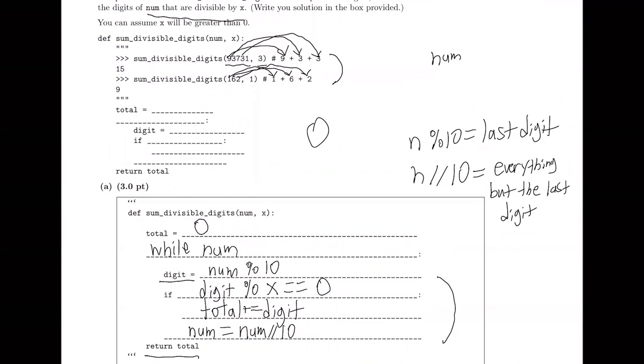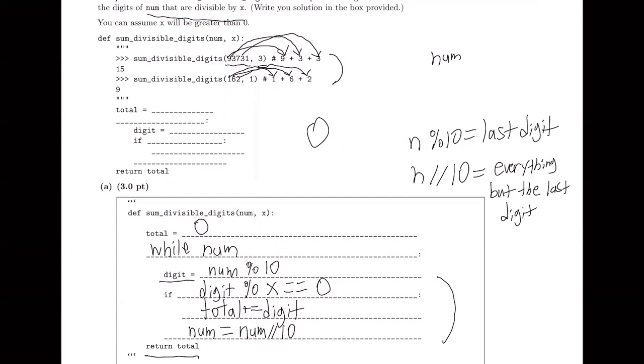This works because we'll keep checking every digit inside the number. We'll check if it's divisible by x. If it is, we'll add it to total. If it's not, we won't add it, and we'll floor div every time. Once we get to the last digit and floor div it by 10, we'll get back 0.